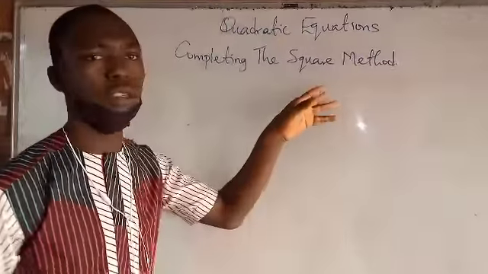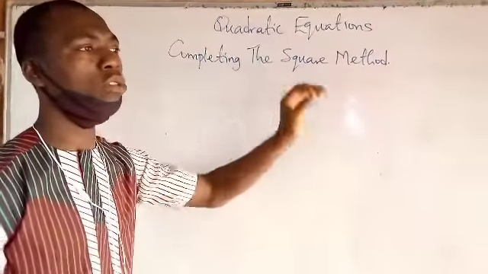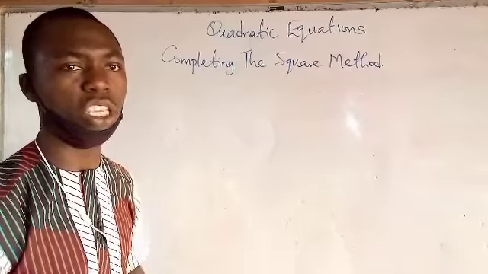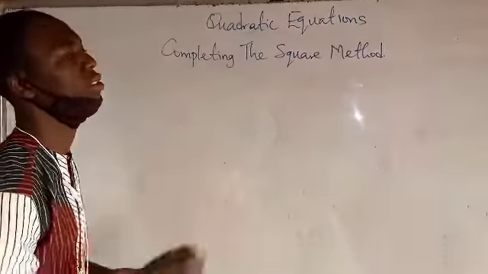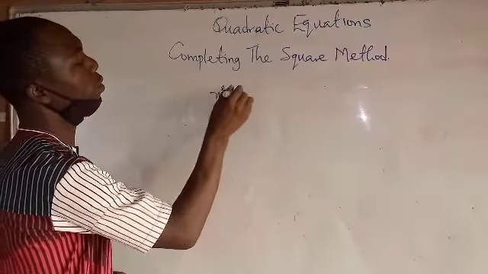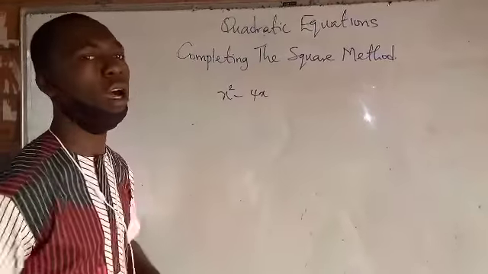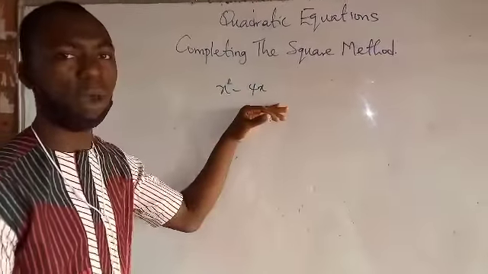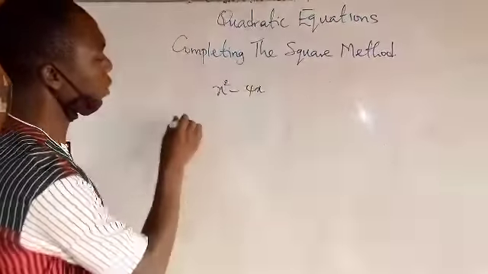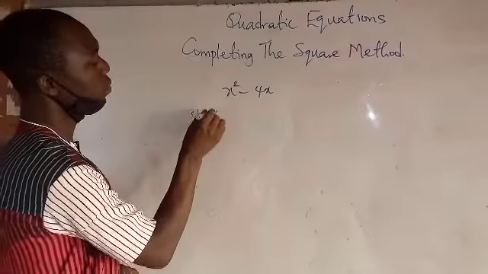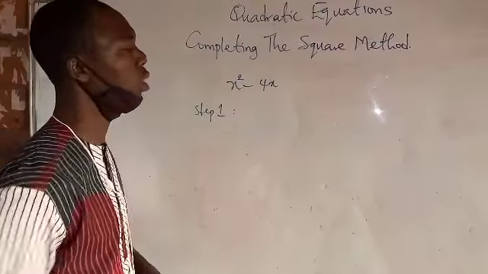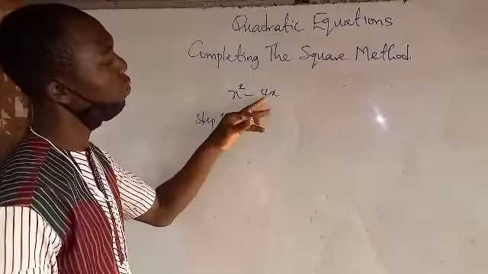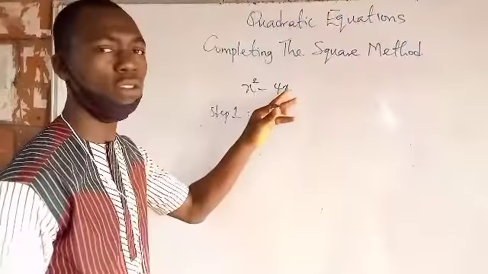But before we go into the method proper, we need to know how to make an expression a perfect square. For instance, if we have something like x squared minus 4x, how do you make this expression a perfect square? Step 1: look for the coefficient of the unsquared letter.